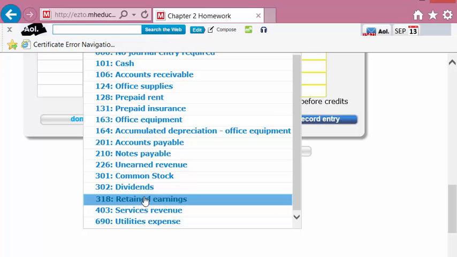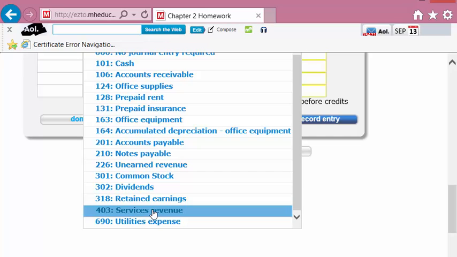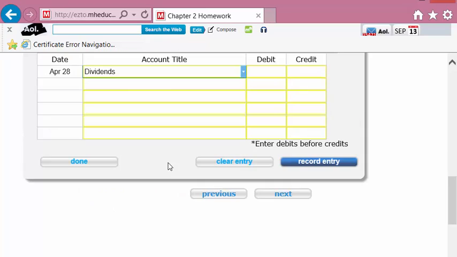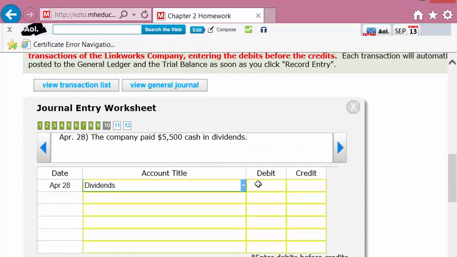So since it's a dividend, why are you touching retained earnings? It's a dividend. Okay, sorry. Looked like you were messing with retained earnings. No. $5,500. Good.